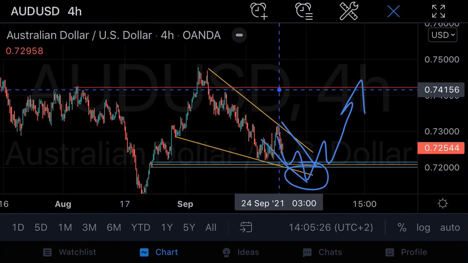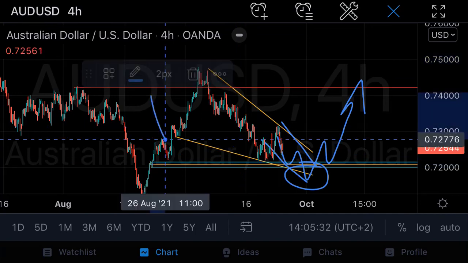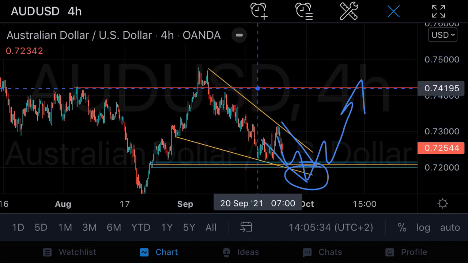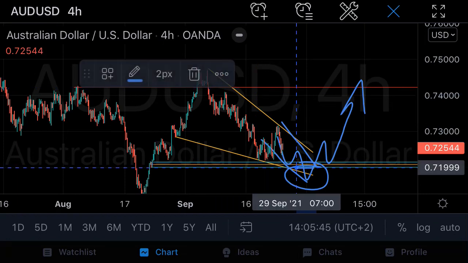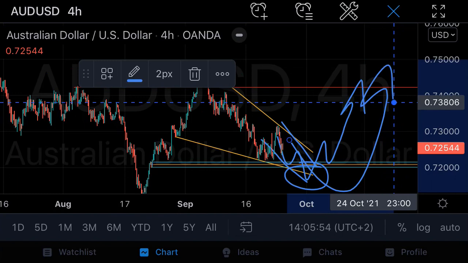And obviously, because AU is inversely correlated to the DXY, when the DXY is making that move to the downside, AU should be making its moves to the upside. So using correlation, this AU bias does align with our bias on the DXY. We're expecting short-term bullish momentum on the DXY, so bearish momentum on the AUD/USD, and then long-term bearish momentum on the DXY, which means long-term bullish momentum on AU.